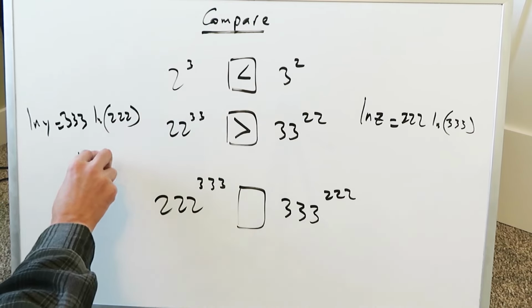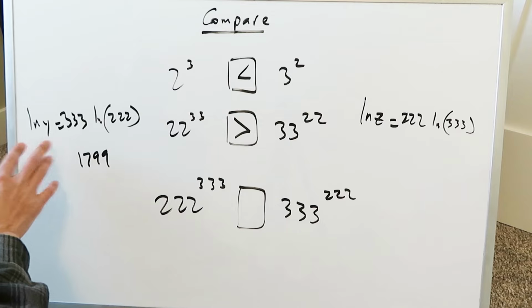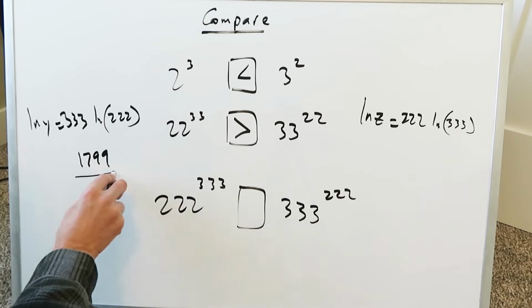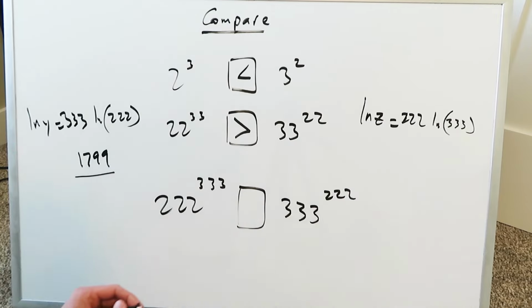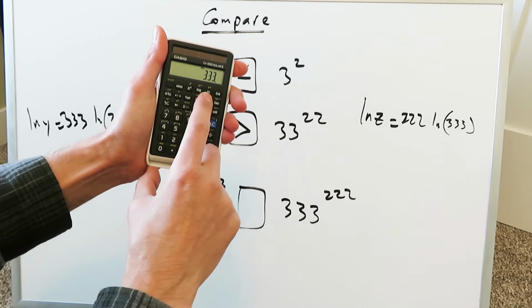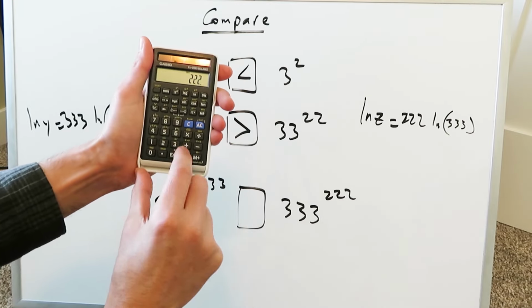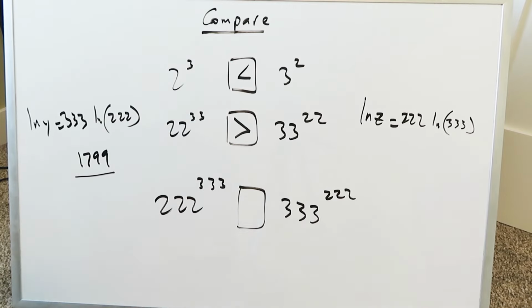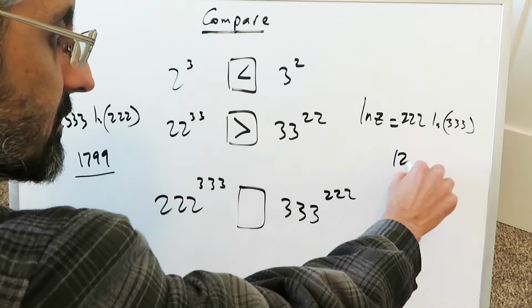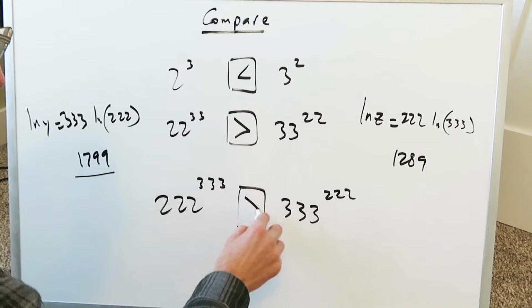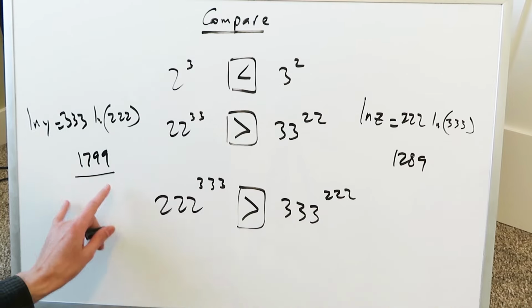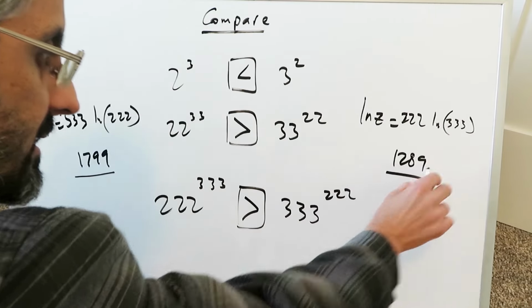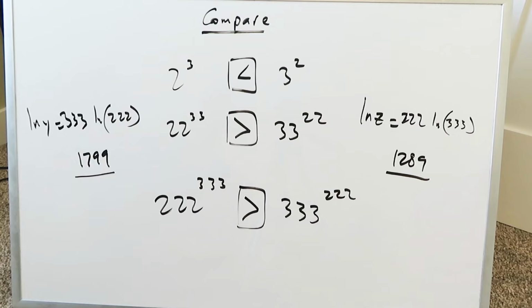That is natural log y, but we don't need to even solve for y. Now natural log z: 222 times natural log 333, and I'm getting 1289. You can now clearly see which one is larger. 1799 is larger than 1289, and this is the technique I would recommend for any questions like this with really large numbers.